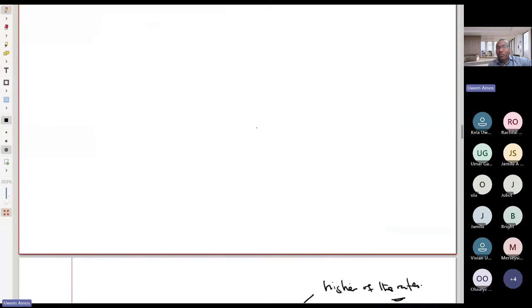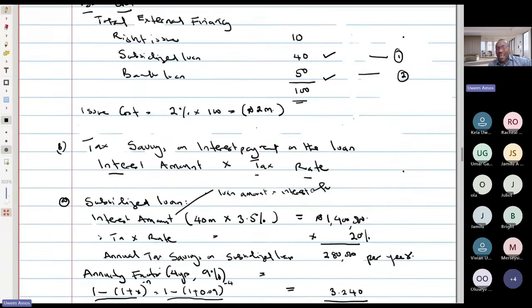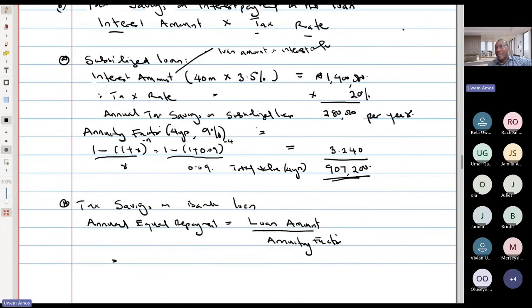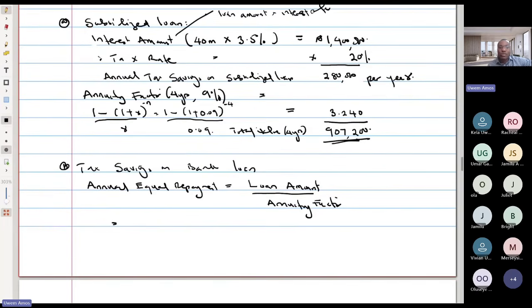Because we use the bank rate for the subsidized loan, we don't have to calculate the annuity factor again. That's the advantage of using just one rate, as against using different rates for different loans. So the loan amount is 50 million. The annuity factor, which we calculated before, is 3.240.